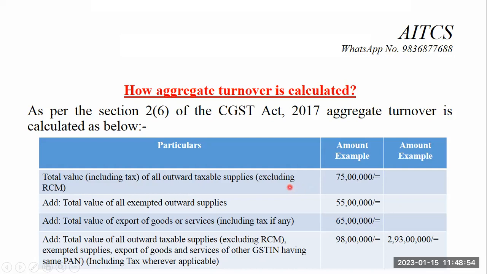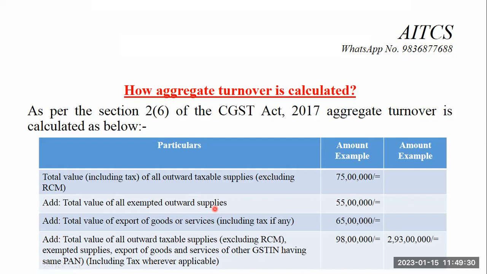But remember here, reverse charge mechanism is not regarded as outward taxable supply, so that should not be considered. For example, the total value of all outward taxable supplies is 75 lakh for a registered person under GST. Now add the total value of all exempted outward supplies.